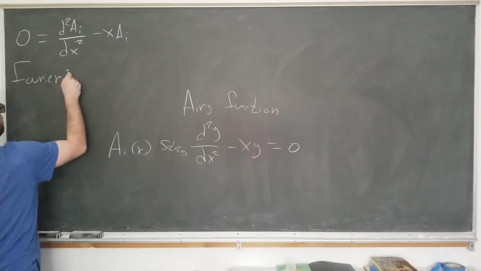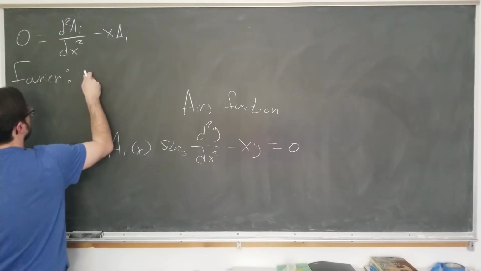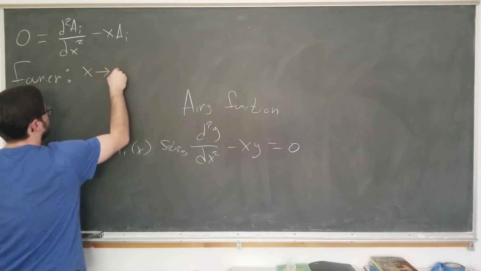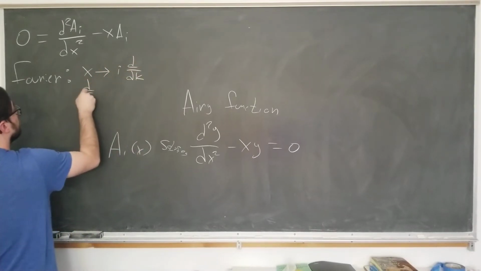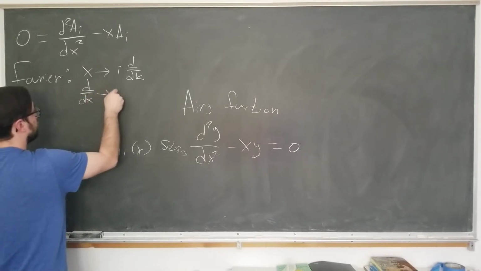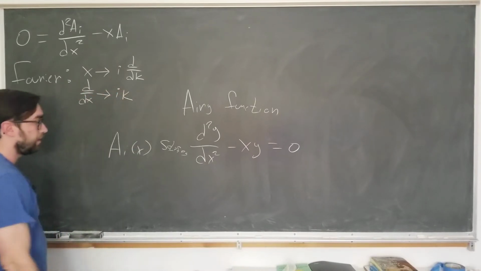So in k space, we make the associations of x goes to i d by dk and d by dx goes to ik.